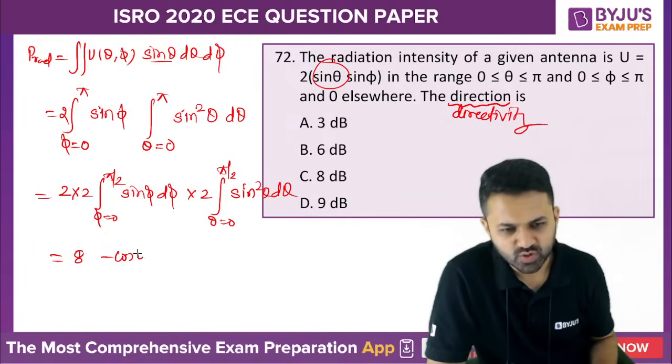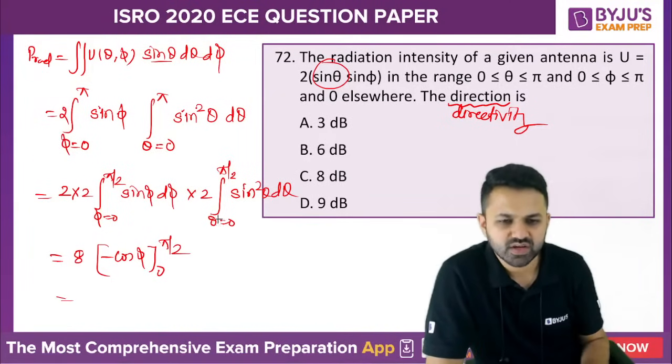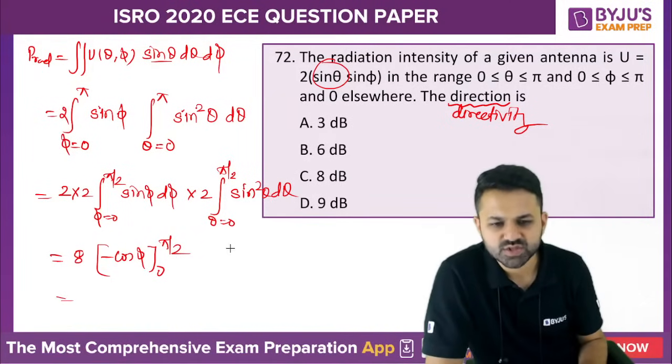This is minus cos phi from 0 to pi by 2. And what about this? This is 2. So 2 minus 1 is 1, and it is pi by 2 also divided by 2 into 1. Yes, so that is the result of this integration.